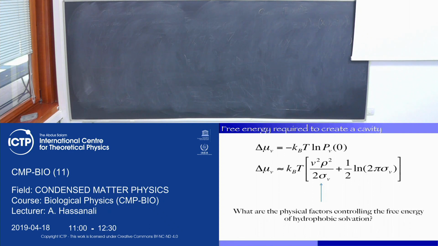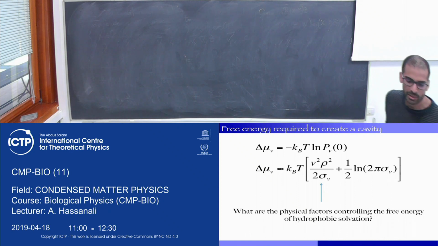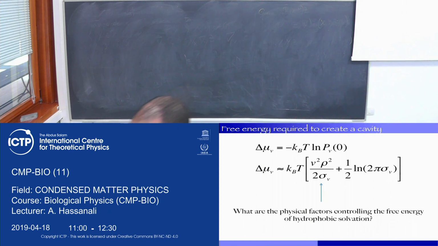This is proportional to the compressibility. So these are properties of the liquid itself, and not of the solute. In this formula, there was nothing about the van der Waals interactions of krypton or neon with the liquid around it. So this is saying something.